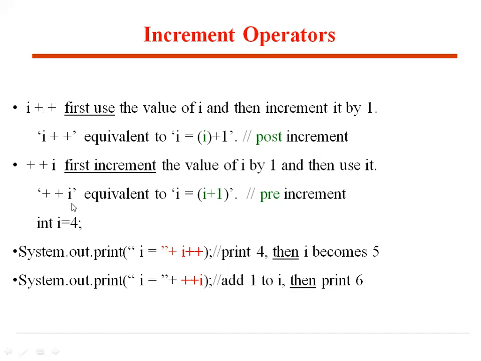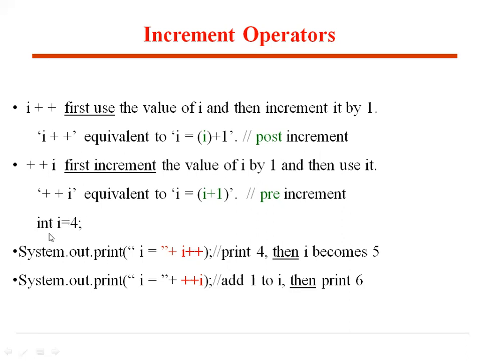Post means afterwards: first use the value, then increment afterwards. Pre-increment means first increment, then use the value of i. When you increment, you get a new value in the variable, and that new value has to be used.